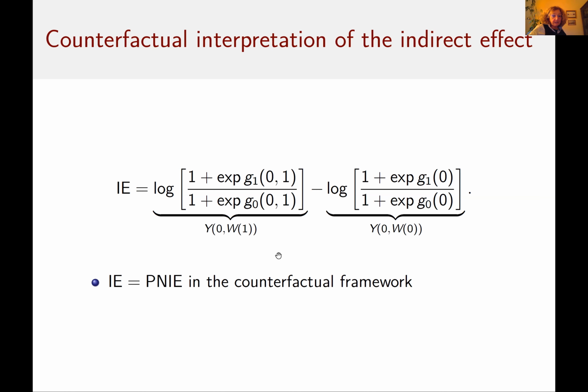For the direct purposes, you leave X at the baseline level, and for the indirect, you let the mediator take its natural value under 1 and compare it to the same when the mediator is free to take its natural value under 0. So the indirect effect is actually a pure natural indirect effect in the causal framework.